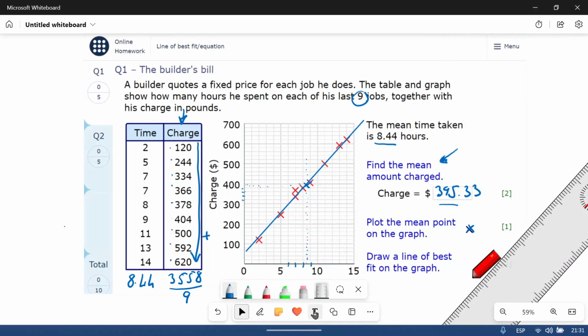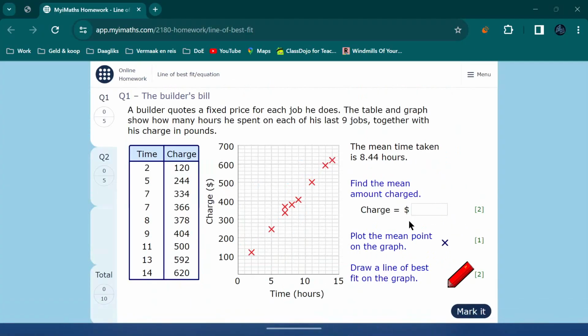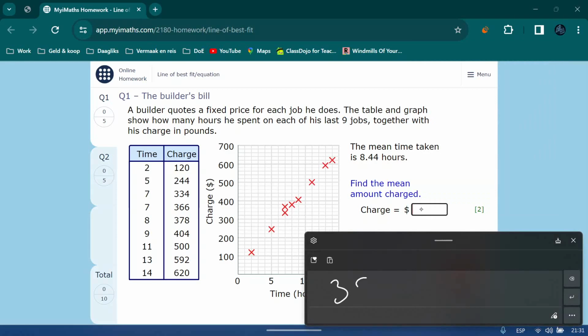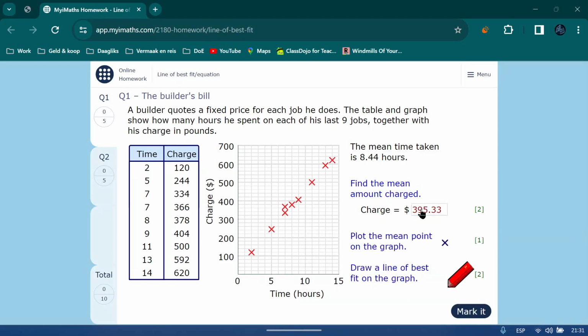Let's have a look if I'm right. 395.33, that's nice. There's 8.44 just behind 400, and the line of best fit goes from around here. Let's see, are we correct? 5 out of 5.